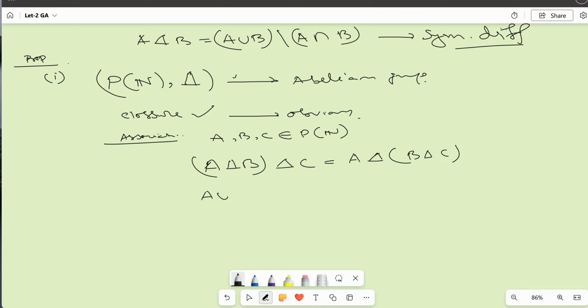That is A union B minus A intersection B. This symmetric difference with C, right? First I am looking at this. So this is actually A union B minus A intersection B.